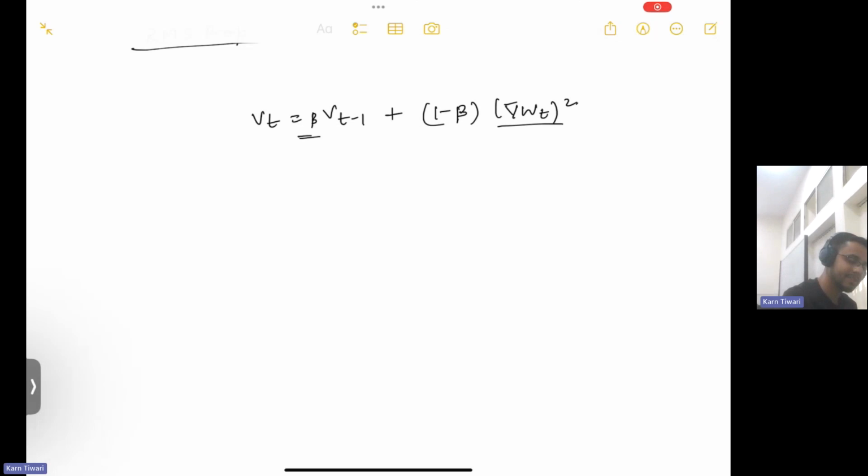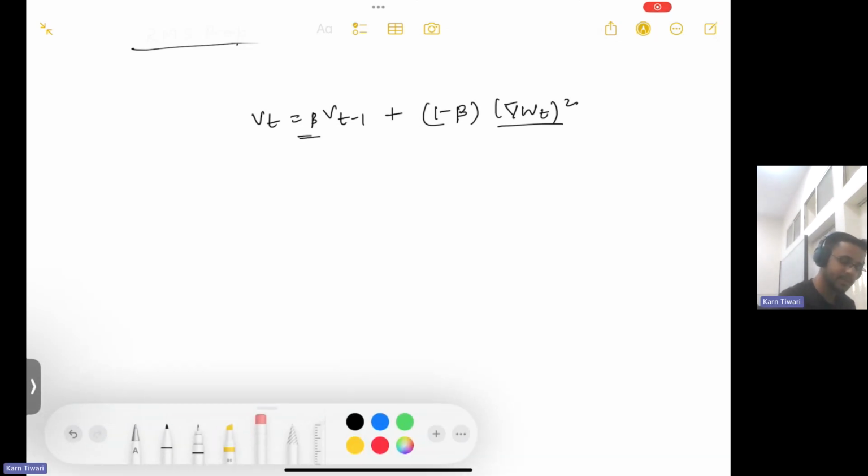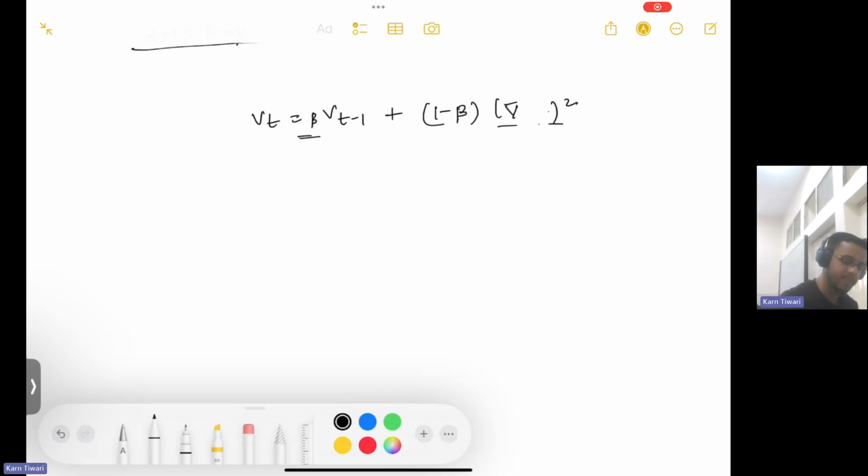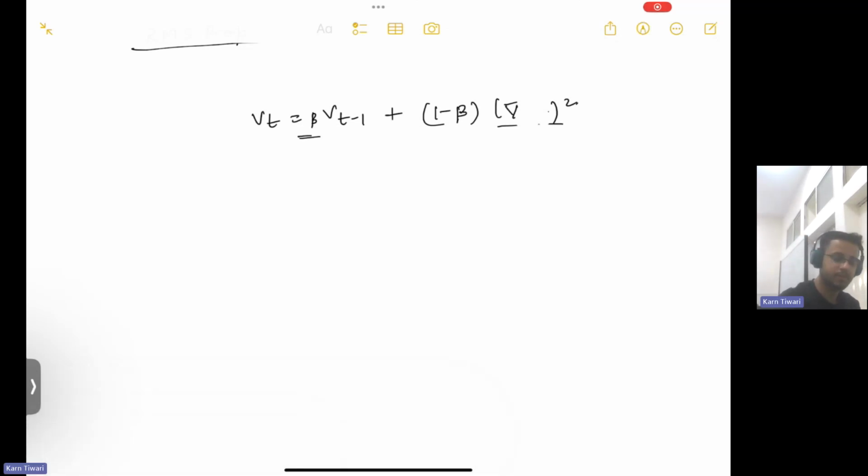In this case, I'm using del of L. I'm using a slightly different notation; try to use the same notation that was followed in the lecture, theta_t basically.